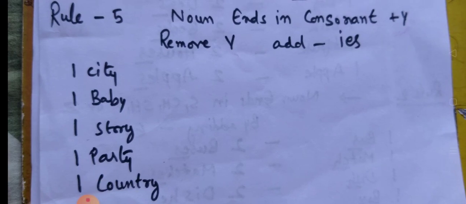So let's move forward to rule number 5. Rule number 5 says that if your noun ends in consonant plus y, the same as the rule we discussed right now in rule number 4, y is your last alphabet, but just before y in rule number 4 was a vowel. But now what we are going to read is that if just before y the alphabet is a consonant, not a vowel.